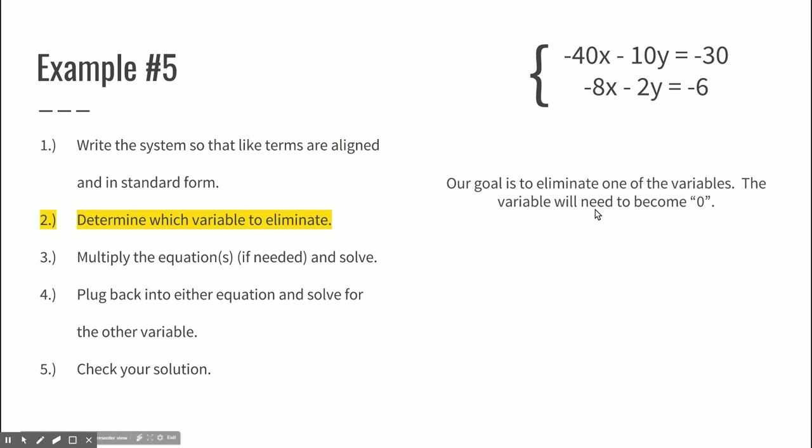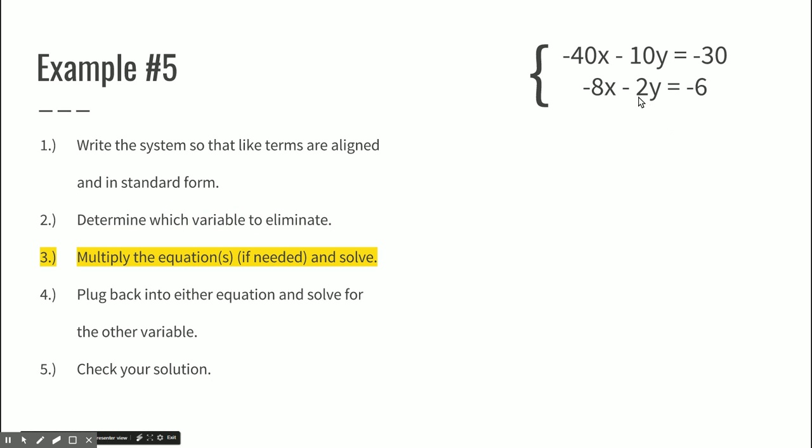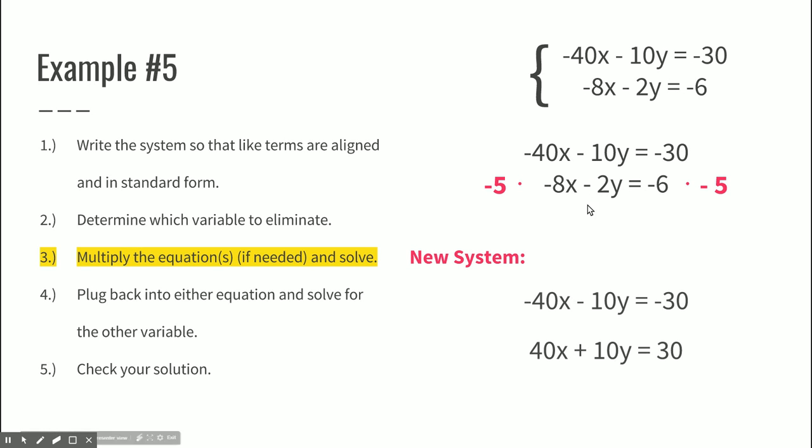So when we go through our process of eliminating and trying to get something to become 0 this time, we're going to need to multiply this bottom equation by a negative number. That way, this becomes a positive 40 or a positive 10 and can be eliminated. So our new system will look like this. The first equation stayed the same, but this became a 40x, and then a 10y, and then a 30.